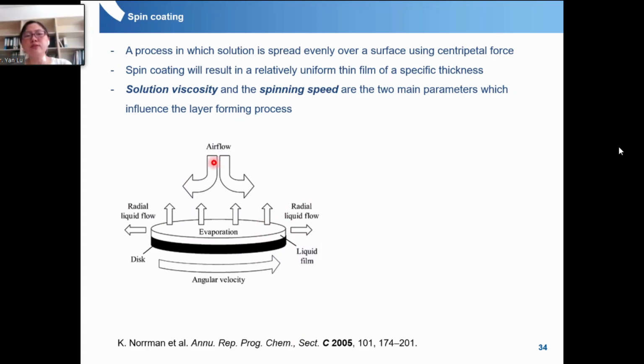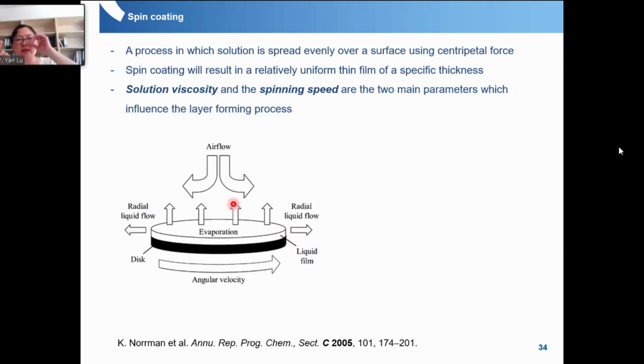So using spin coating, normally you can get a very homogeneous, very thin film. So this is the method if you want to make very thin films. For the control of the process, on one side the viscosity of the solution is very important to the film formation during spin coating.